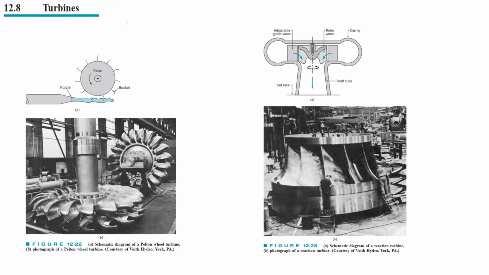We are going to discuss these two types of turbines. One is the Pelton wheel, also known as the impulse turbine, and the other is the reaction turbine.